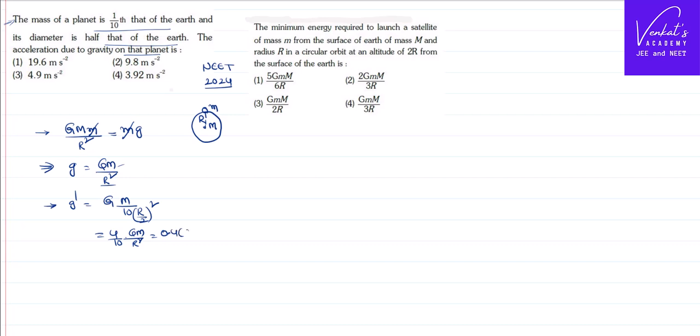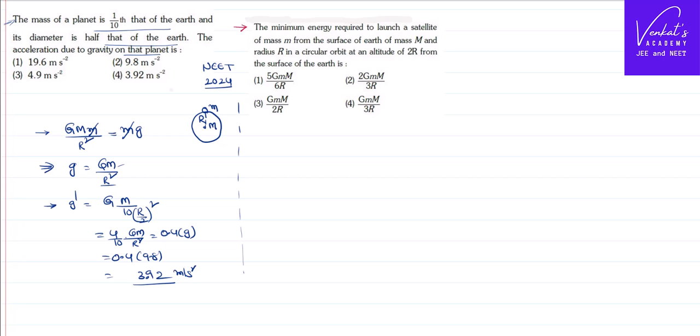That is 0.4 times the acceleration due to gravity of the Earth. Acceleration due to gravity is 9.8. So 4 8s are 32. 4 9s are 36, and 3 is 39. So that's going to be 3.92 meter per second square. A simple problem. Let's have a look at the second problem.